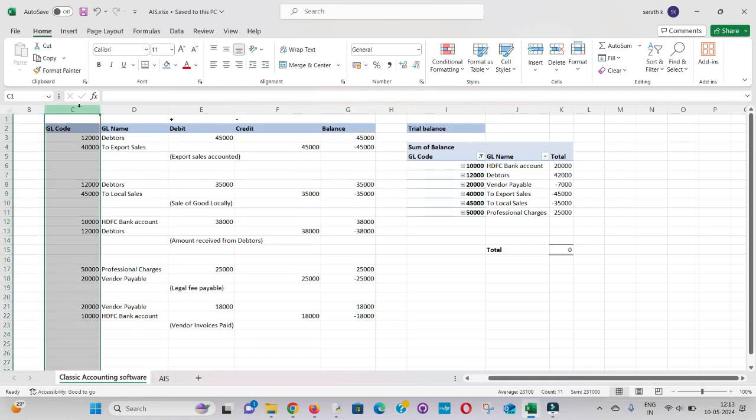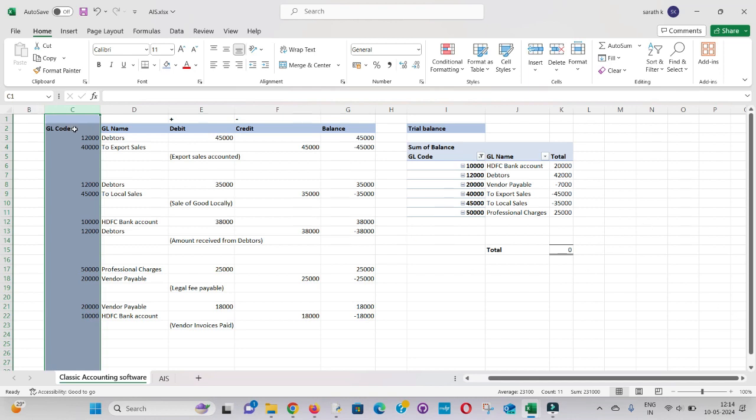That is, the accounting software groups all your transactions by the parameter called GL code. The outputs of accounting software would be trial balance, profit and loss, and balance sheet, and you get the reports for doing compliances as well as regulatory filings.